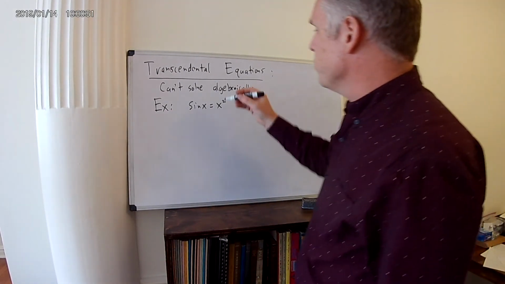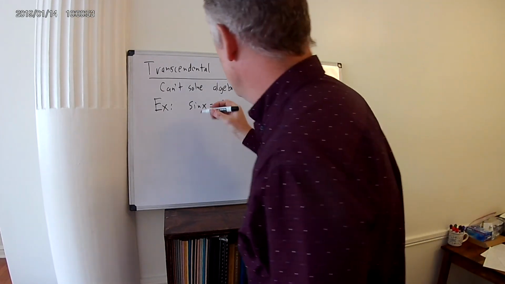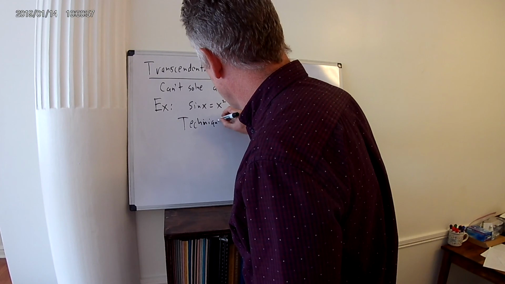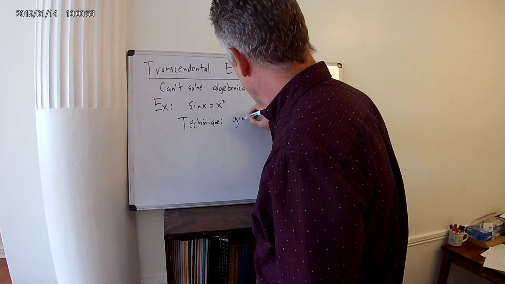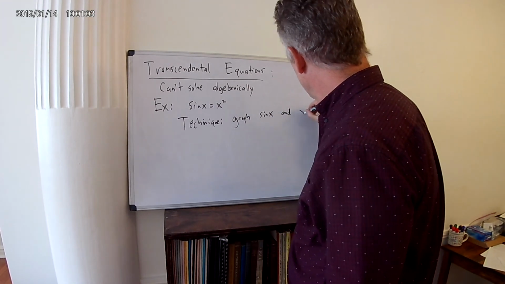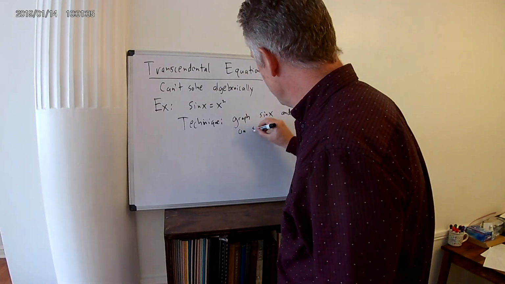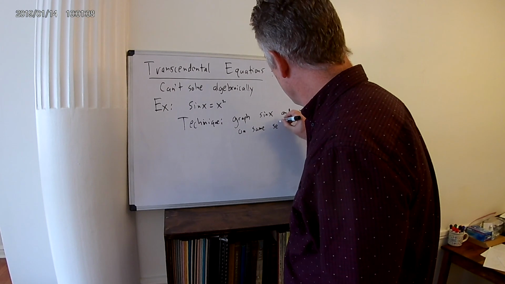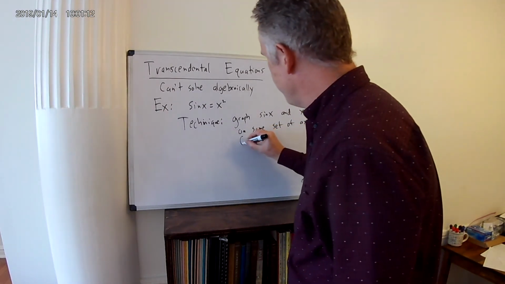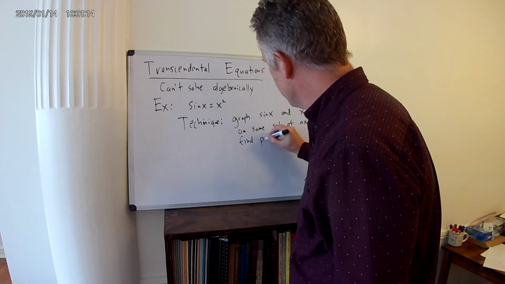We can still find the solutions to this, and the technique we use is we graph sine of x and x squared on the same set of axes. And then we can find the points of intersection.